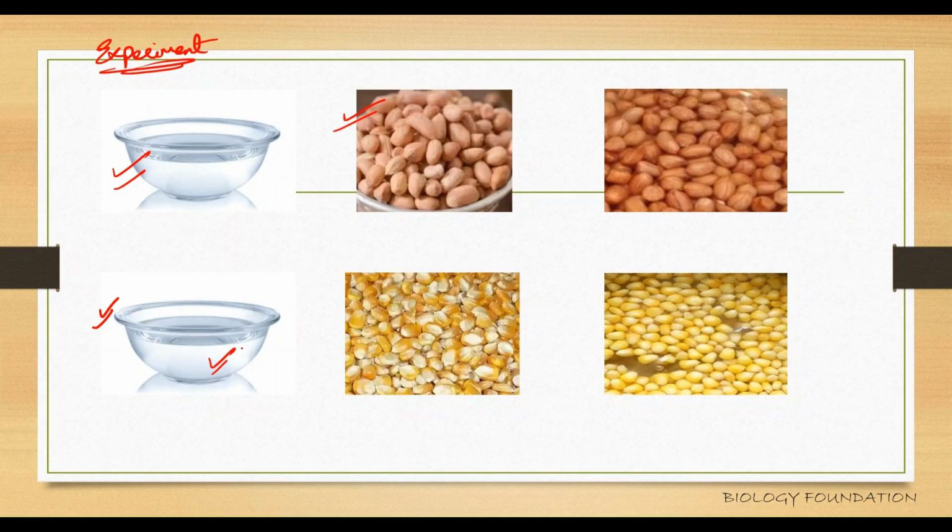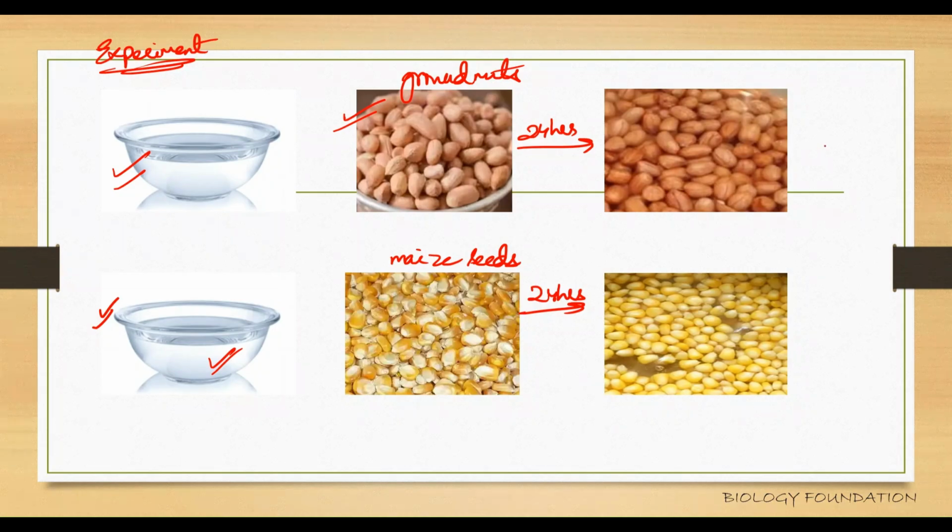Now take one more cup of water, add maize seeds. Here you have groundnuts, and here you have maize seeds. Soak them overnight or maybe for 24 hours. And the next day, you can see the peel becomes very transparent.